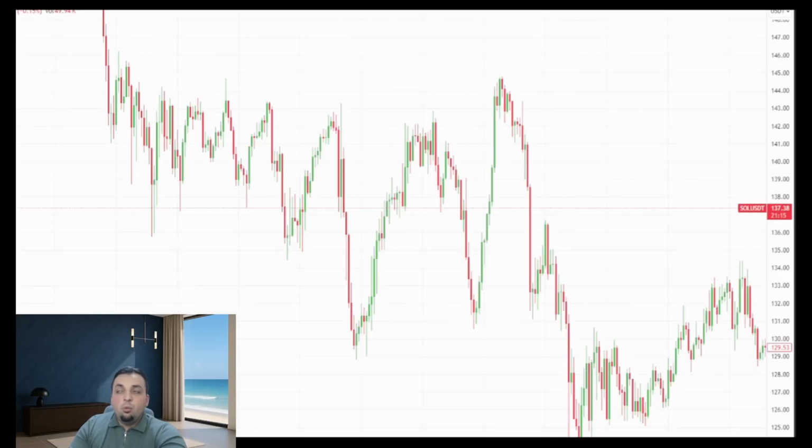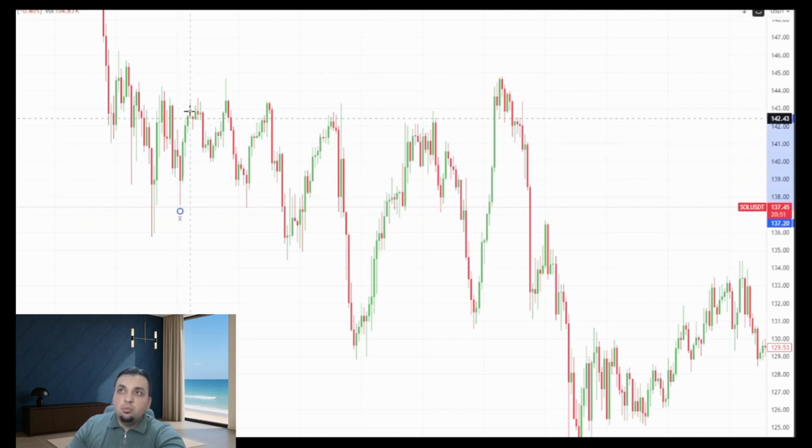Alright, so we move to crypto because I would also like to show you a couple of examples on the crypto market. We're looking at Solana, SOL/USDT, 1 hour time frame, and I really love the crypto market. The ability to trade and the liquidity is just amazing. So let me show you something very interesting.